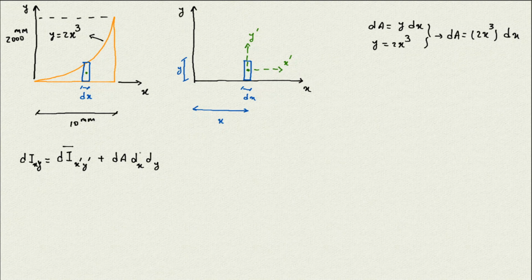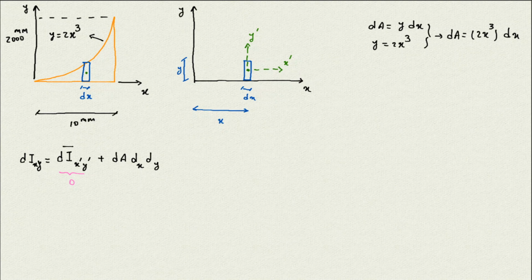Because of that, the product of inertia about those axes is going to be zero. Remember, if we calculate the product of inertia about axes where one or both of them is a symmetry axis, then the product of inertia is going to be zero. So we don't need to do any calculation for this part, because this is going to be zero, since both x prime and y prime are symmetry axes.